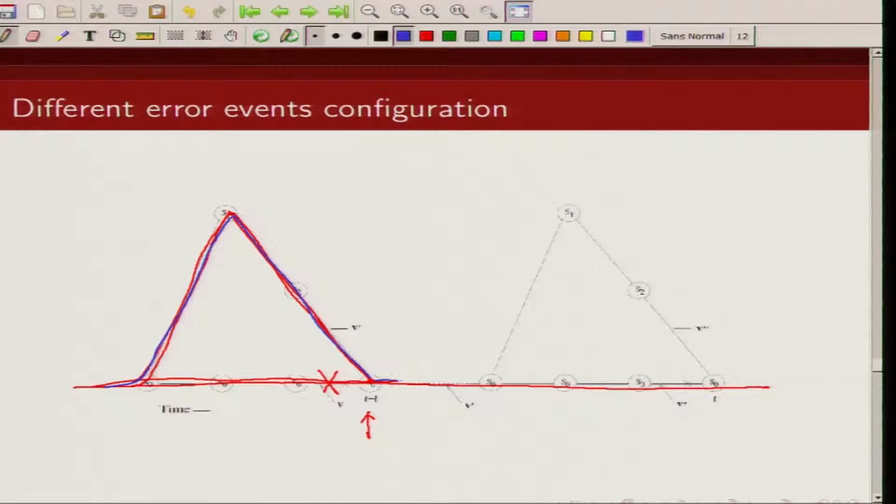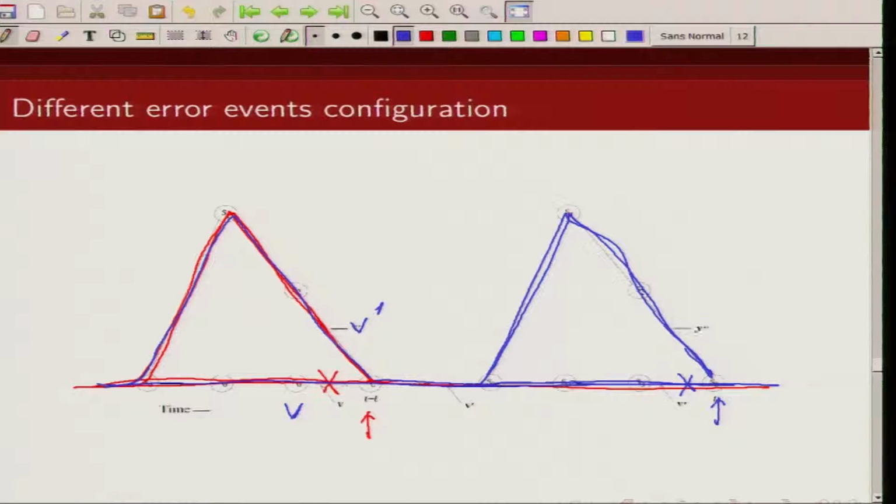Now, further up, when you came here, there was one path which was going like this, and when you came to this time instance t, then again the metric corresponding to this was worse than the metric value corresponding to this path. So, you decided to go for this particular code word. Just calling this all 0 state as vector v, code word v, this is code word v dash, and this is code word v double dash.